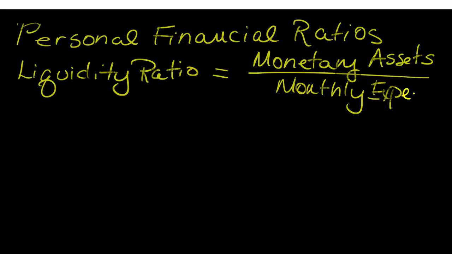And so I'm just going to cover how to calculate and how to analyze ratio by ratio instead of listing all the ratios and then going back and talking about what they mean. So in our first ratio, the liquidity ratio, again, we're taking their monetary or liquid assets and dividing it by monthly expenses.